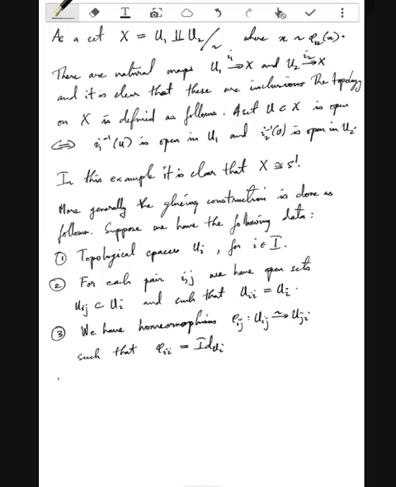And lastly, for all i, j, k, we have phi jk composed with phi ij is equal to phi ik on Uij intersection Uik.